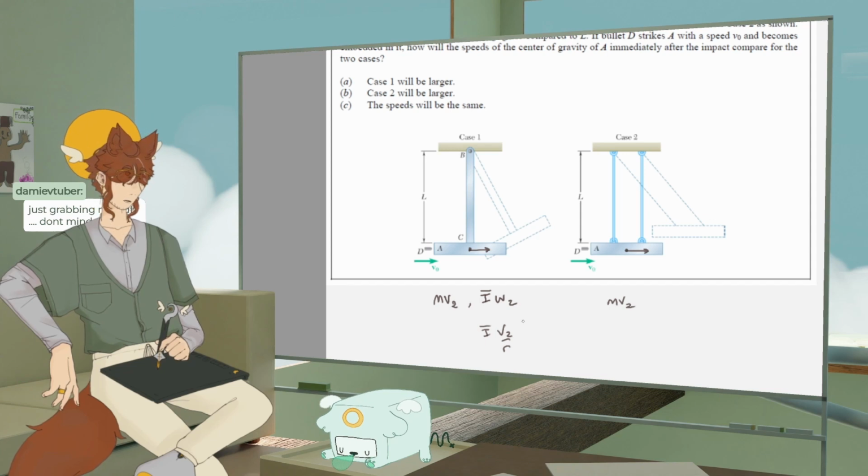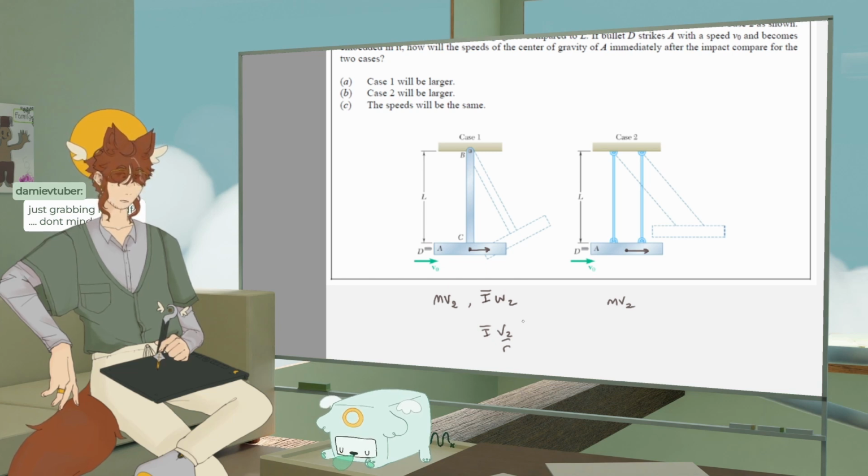Which one would be bigger though? I'm thinking.